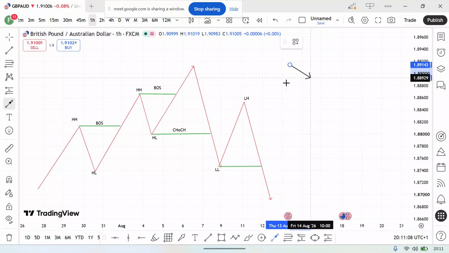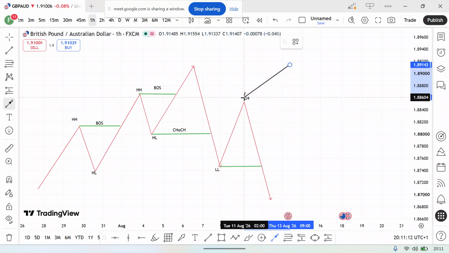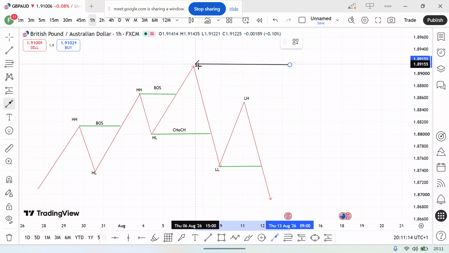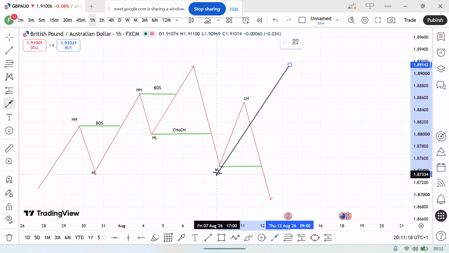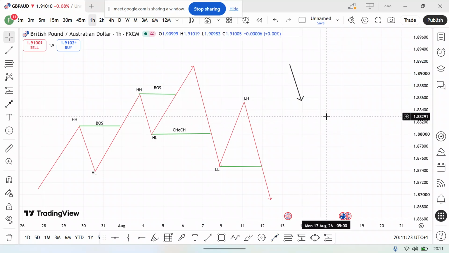So that's why we call it higher high and higher low in an uptrend. Then lower low and lower high is because if you see, this high is lower than the previous high, okay? While this low is lower than this low. Is that point clear? This was just to make sure you all understand what we are doing.